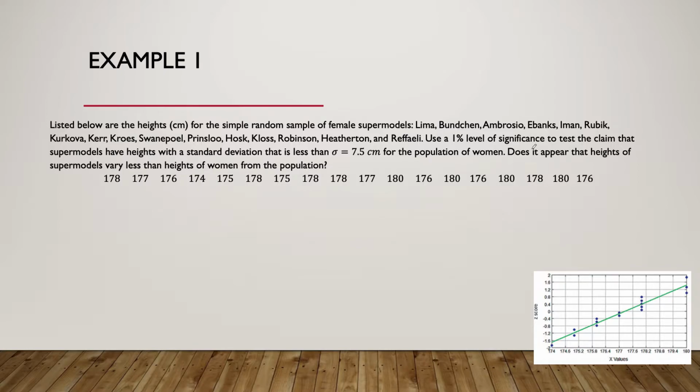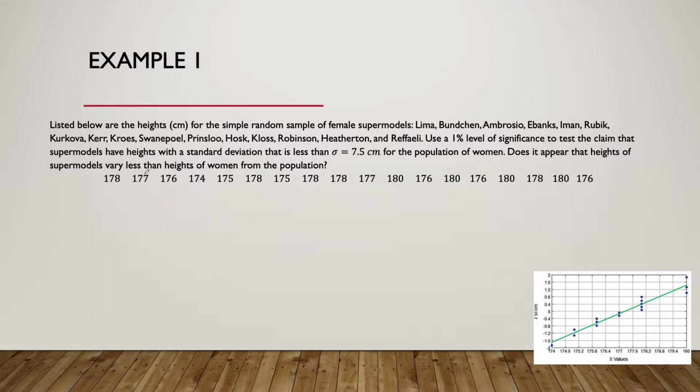Use a 1% level of significance to test the claim that the supermodels have heights with a standard deviation that is less than the population standard deviation of sigma of 7.5 centimeters for the population of women. Does it appear that heights of supermodels vary less than the heights of women from the population?